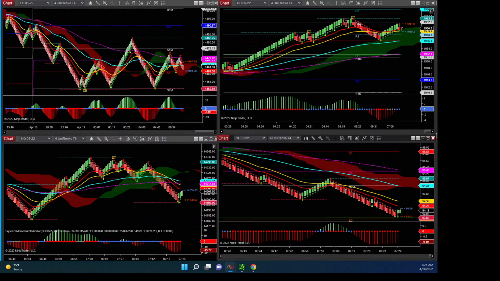There's a wick out of the cloud right here. Bit of resetting.